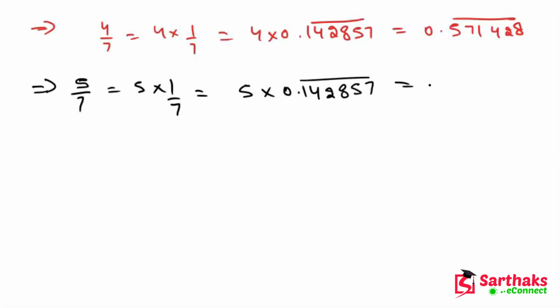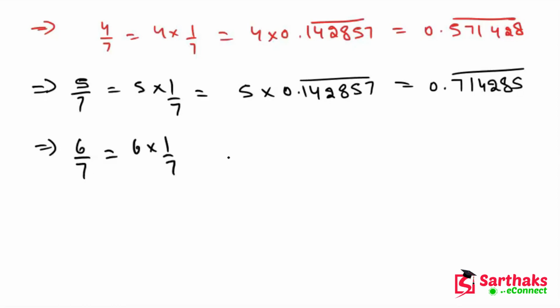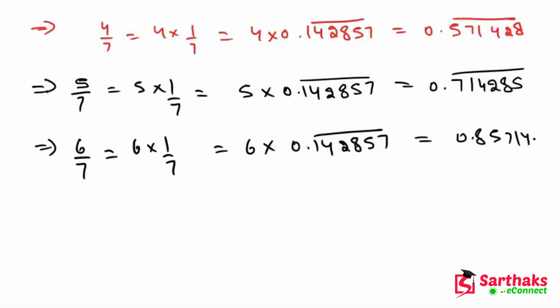So this will be 0.714285 bar. Now 6 upon 7 is equal to 6 into 1 upon 7, which is 6 into 0.142857 bar. So this will become 0.857142 bar. I hope you understand these things.